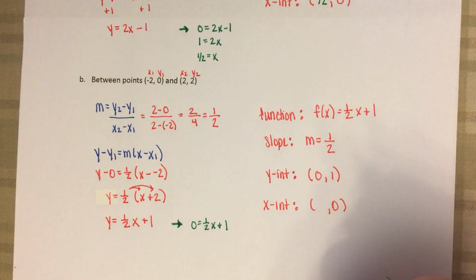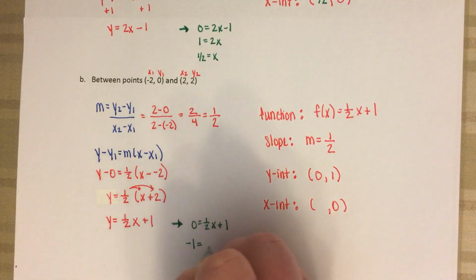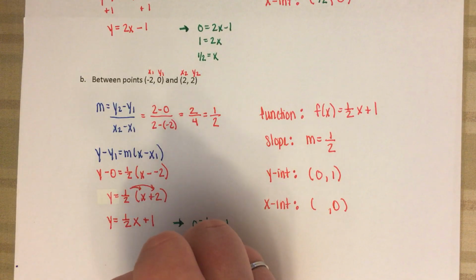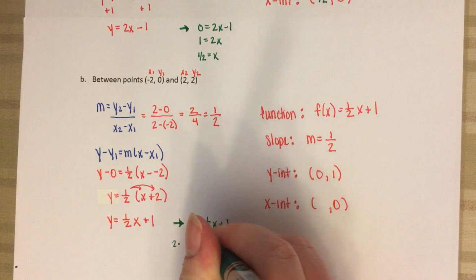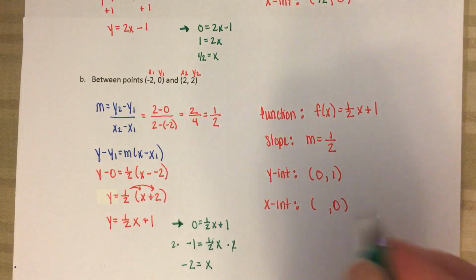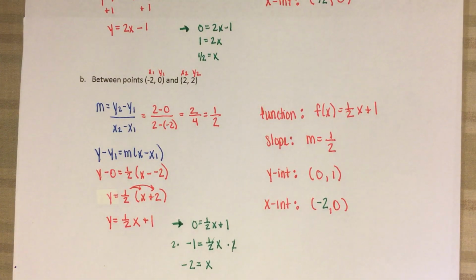I'm going to subtract 1 from both sides. So now I have negative 1 equals 1/2 x. And now I'm going to multiply both sides by 2. Negative 2 equals, these cancel, negative 2 equals x. So our x-intercept is negative 2.